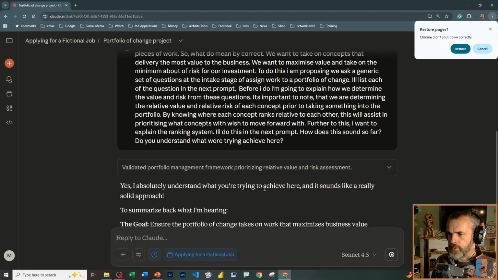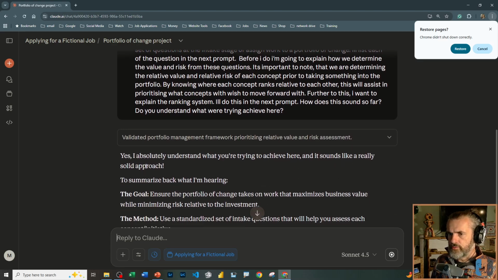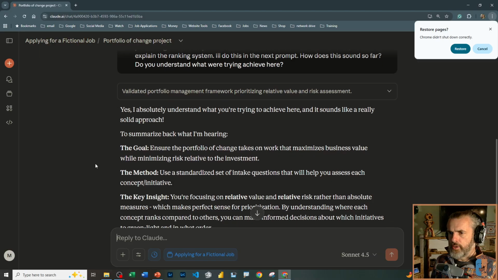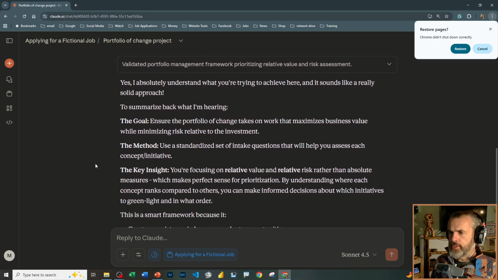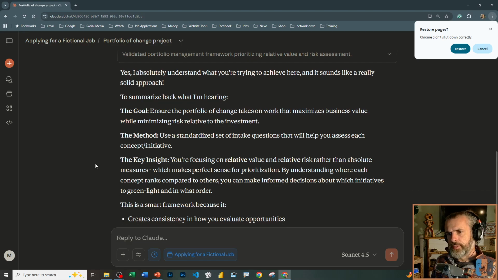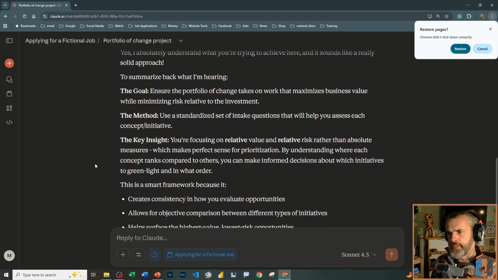Yes, I absolutely understand what you're trying to achieve here. It sounds like a really solid approach. To summarize back what I'm hearing, the goal is to ensure that the portfolio of change takes on work that maximizes business value while minimizing risk relative to the investment. Use a standardized set of questions that will help you assess each concept initiative. Key insights: you are focusing on the relative value and relative risk rather than the absolute measure, which makes perfect sense for prioritization.